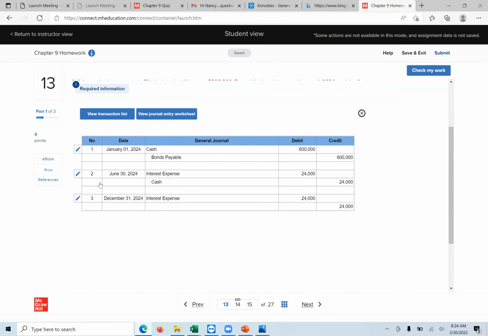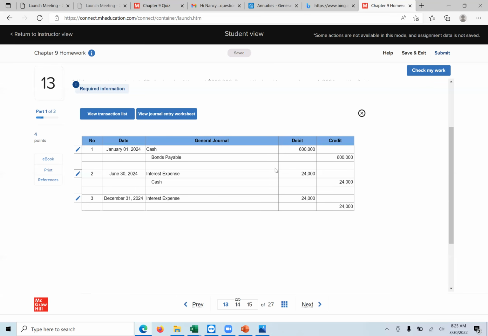Yes, all I'm doing is showing the interest expense. Since these bonds were issued at face amount, that means the bonds are at 600,000. We know that the payment is going to be the face value of the bonds times half the stated rate, which is 24,000.